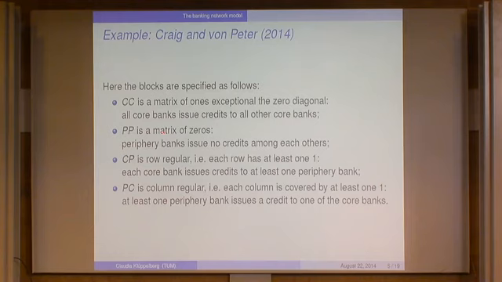The periphery banks do nothing with each other. CP is row regular, that means each core bank issues credits to at least one periphery bank. And PC is column regular, which means at least one periphery bank issues a credit to one of the core banks. That was the structure they suggested in this paper, and they also did some empirical analysis, which gave them the idea to formulate the specification like this.